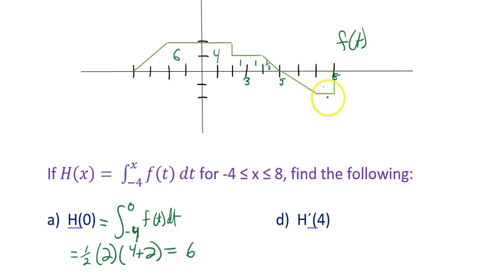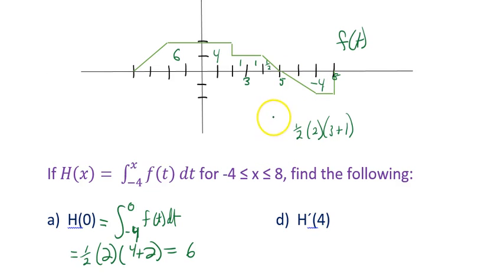And then over here I've got another trapezoid, so I'm just going to do all of that as 1/2, a height of 2, base 1 would be 3, base 2 would be 1, and so I would end up with 4. And because this is below the x-axis, I'm going to call that -4.